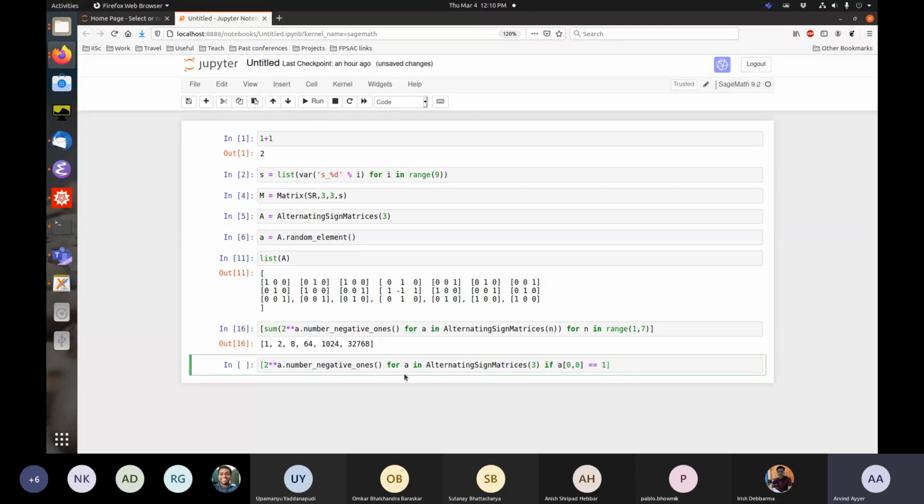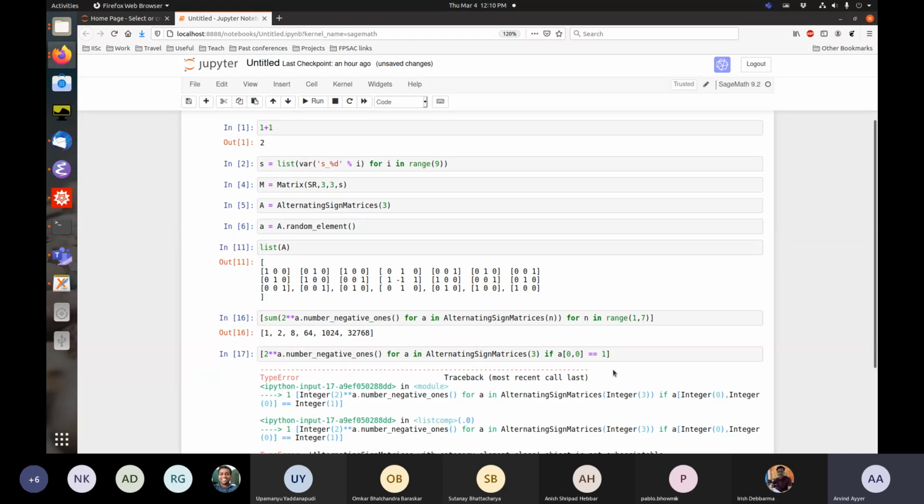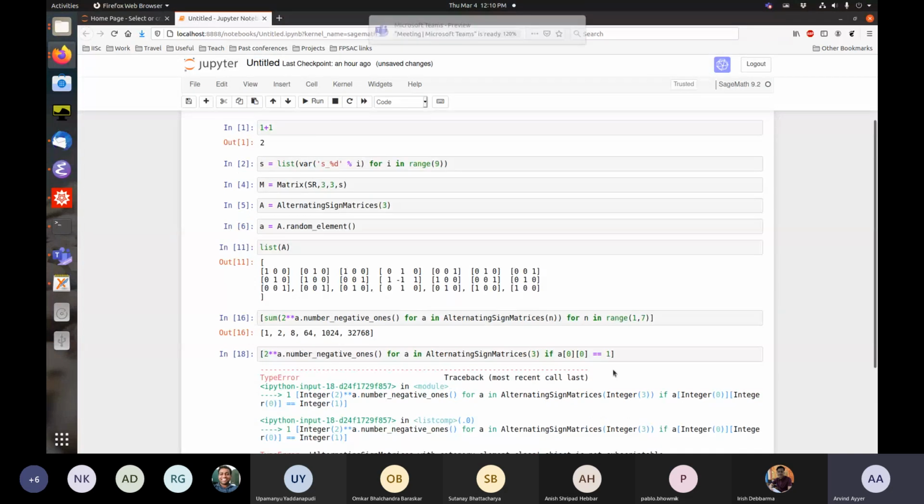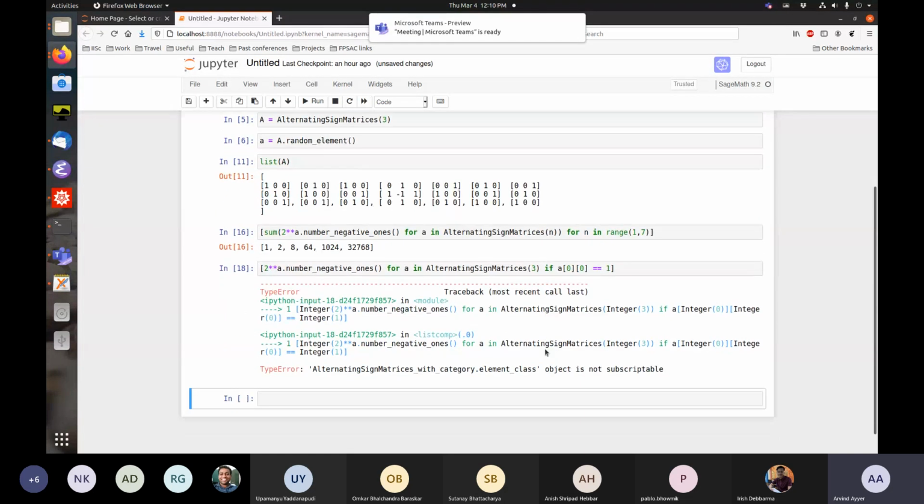Okay, so let's look at this. If A00 is 1, this might complain. Yeah. So I have to do, I think, this way. No. So I cannot do subscripts. Okay, so this is the problem with the types.